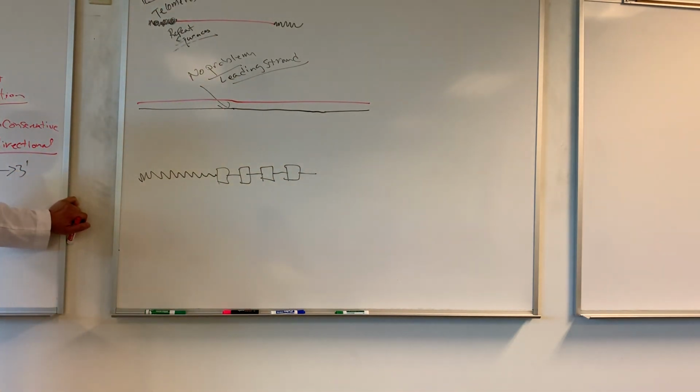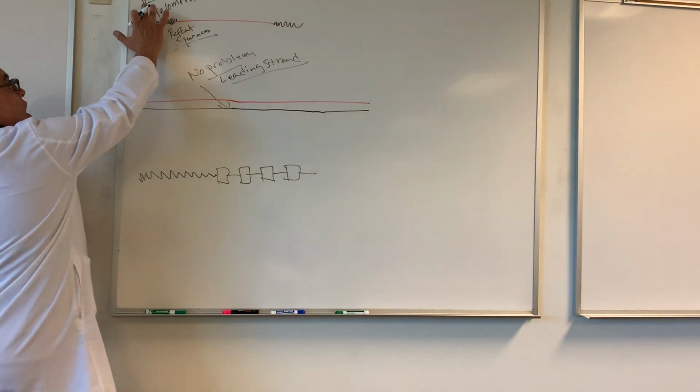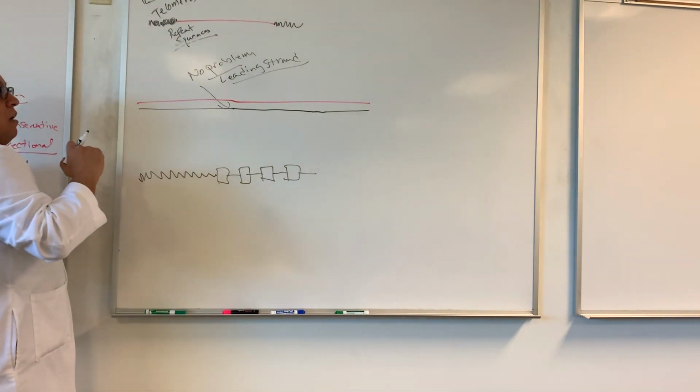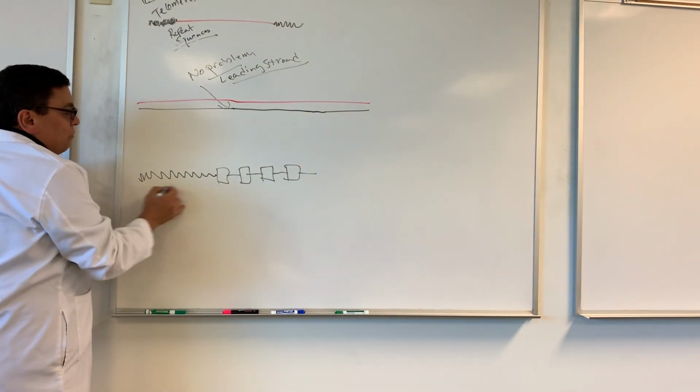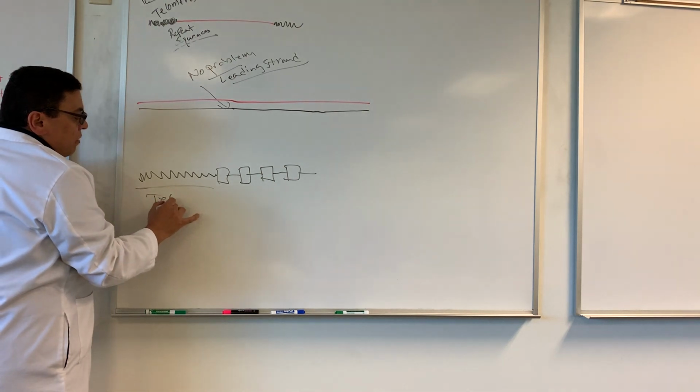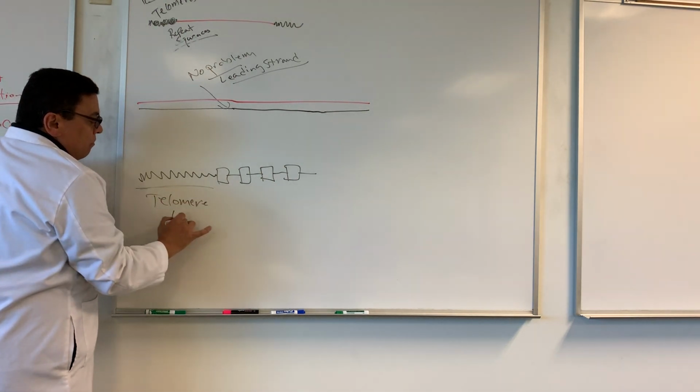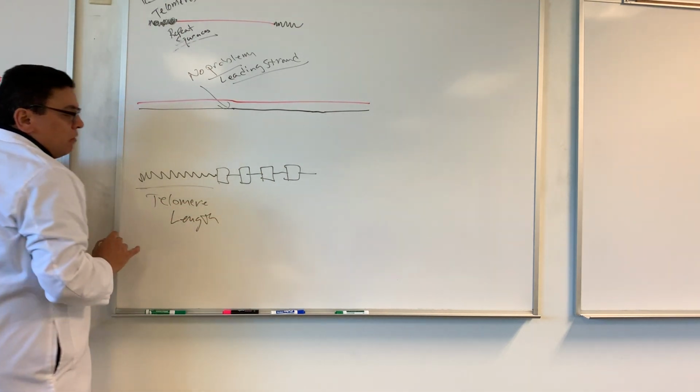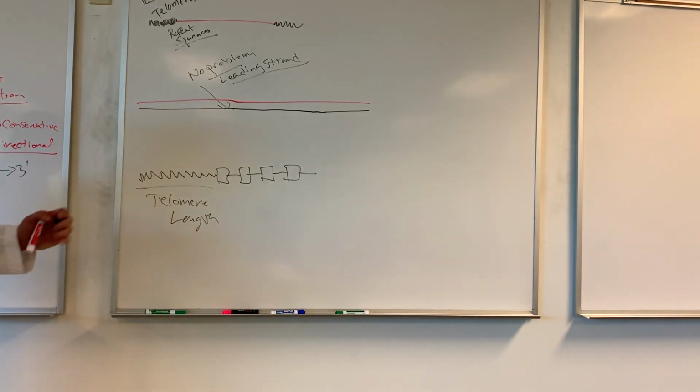Those cells have to multiply for a long time, beyond 50 times. I'm saying most of your cells will turn this off. As soon as you're born, whatever telomere length that you have is what you have for most of your cells.